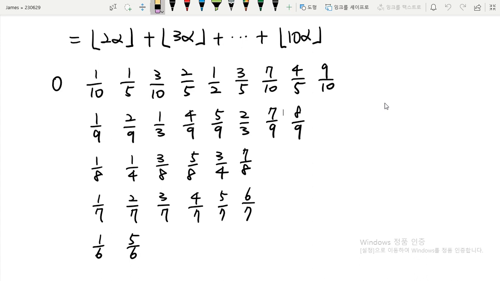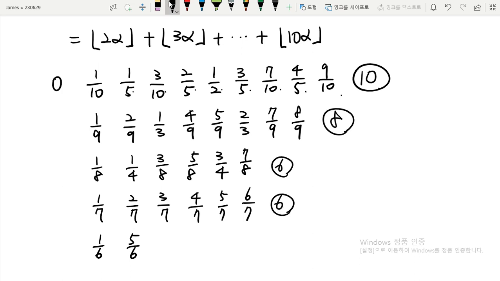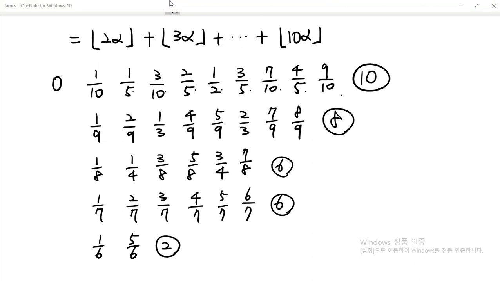So can you count all these fractions? How many numbers are in the list? Yeah, including zero. So first row is 10. Like this. 32.